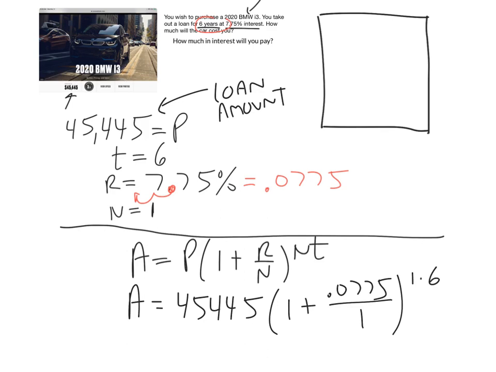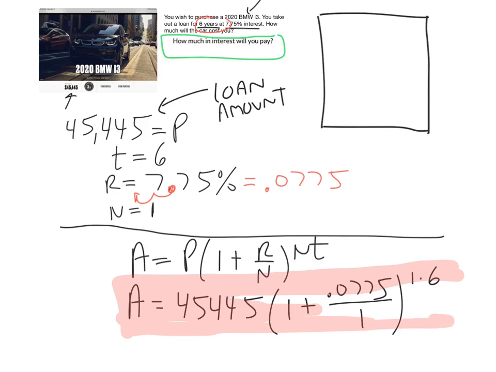Now this one here is asking you, how much in interest will you pay? Well, the first thing we did when we calculated interest in those bank account problems is we found out what our principal is. Now, our principal is going to be how much the loan is actually costing us. So we're going to carefully enter this expression into our calculator. We're borrowing a little over $45,000. Let's see how much, though, we end up paying back.